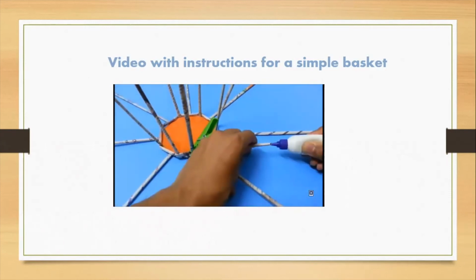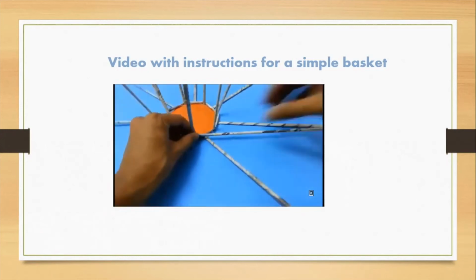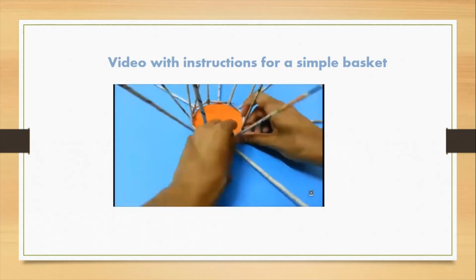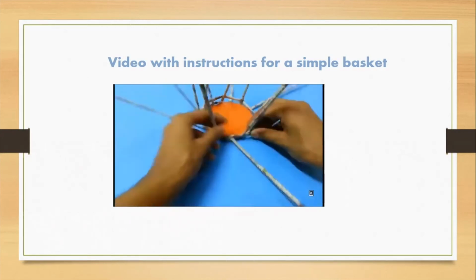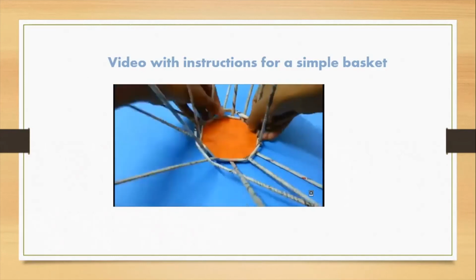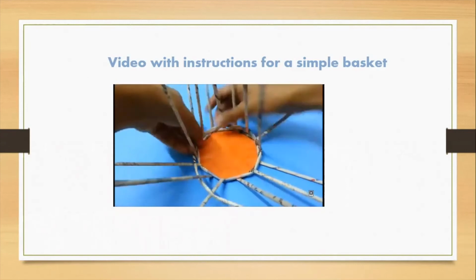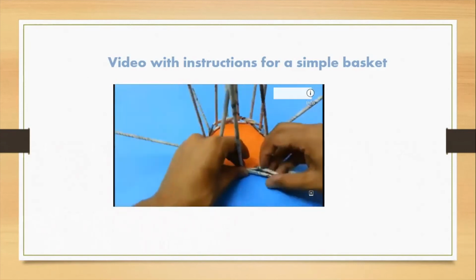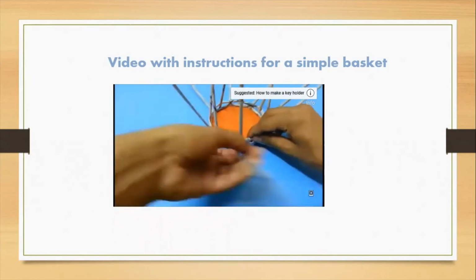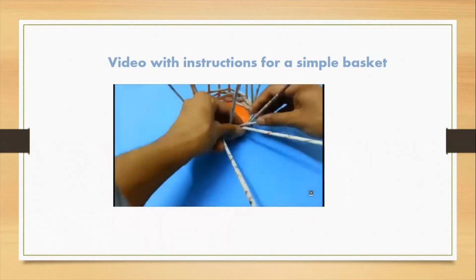Add a drop of glue and insert another tube. Continue weaving till the basket is of desired height.